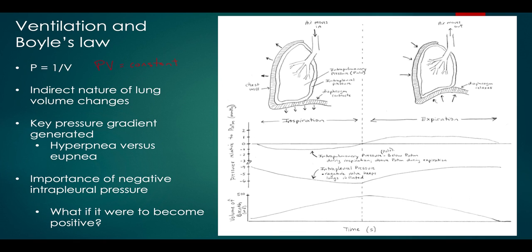Now, remember, we are changing the volume of the thoracic cavity, not of the lungs directly. And so we're going to have to talk about the muscles that change thoracic volume. I'm going to do that in a separate picture, but we do have one of those muscles diagrammed into this picture, which is the diaphragm. There are a variety of others, and we'll get to the specifics of the muscles involved in both inspiration and expiration in just a second.